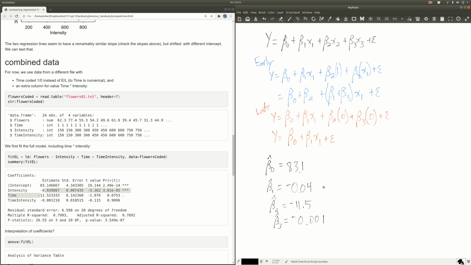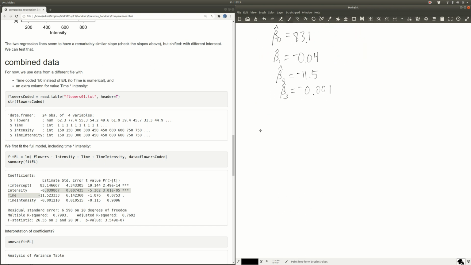Now, what we can also do is ask some interesting questions. So let's go about doing that. We might have some hypotheses that we want to test, right? I'm going to make a little table here. Hypothesis.